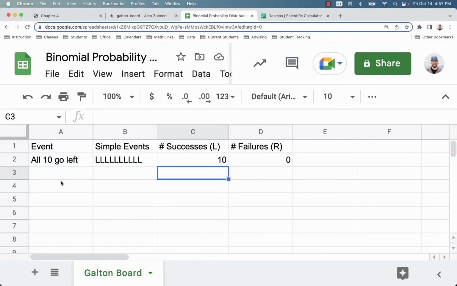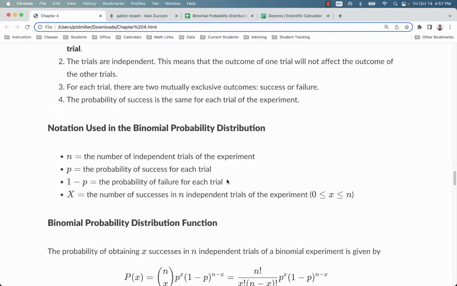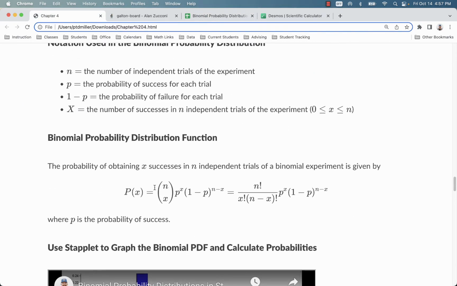What we could do is calculate the probability of this by putting together the pieces. The 3 pieces that we have, just to scroll down here to the formula, is this nCx. This is called n choose x. It's a combination function. You can use Desmos to do that, or your calculator. You can do it by hand using the factorial, but I'll show you a couple ways to do that.